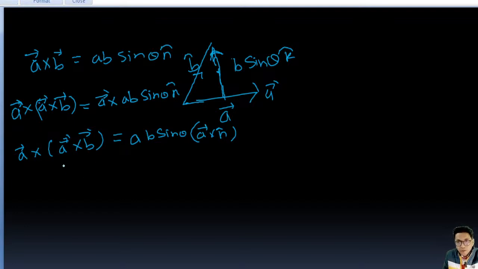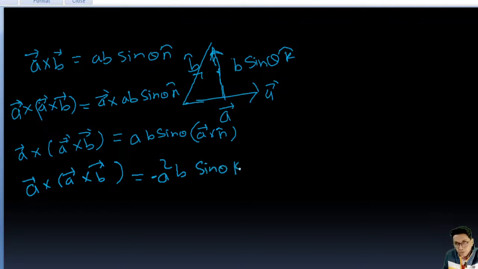A cross n cap is going to be minus k cap, the perpendicular one, so A cross B cross A is going to be A square B minus sine theta k cap.